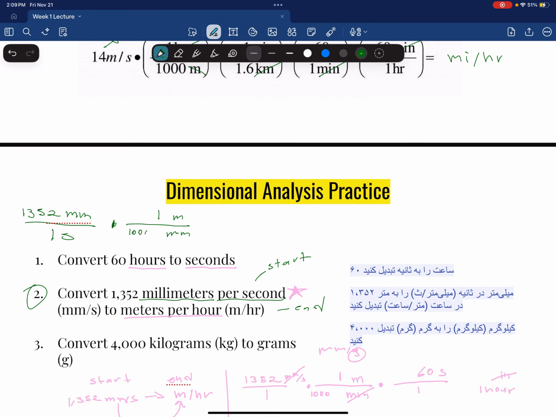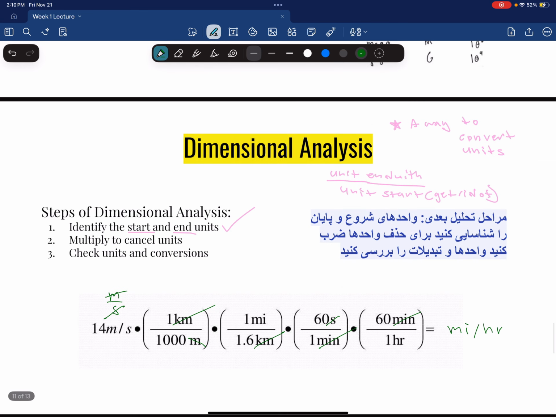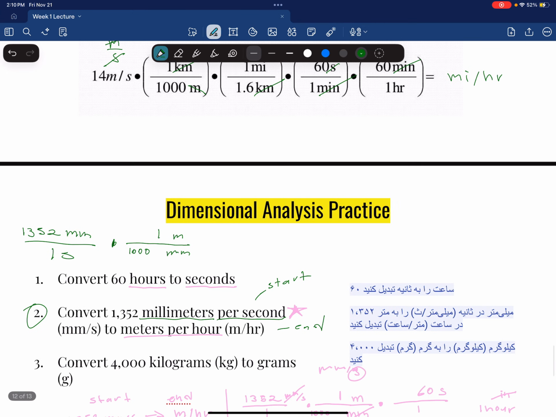1,000. The most confusing part that I see people confused about is which one goes to the top and which one goes to the bottom. If you're ever confused, remember that the unit that you want to end up with goes to the top, and the unit that you start off with, the one you want to get rid of, is always at the bottom, on the denominator. So we're trying to get rid of millimeters to end up with meters.